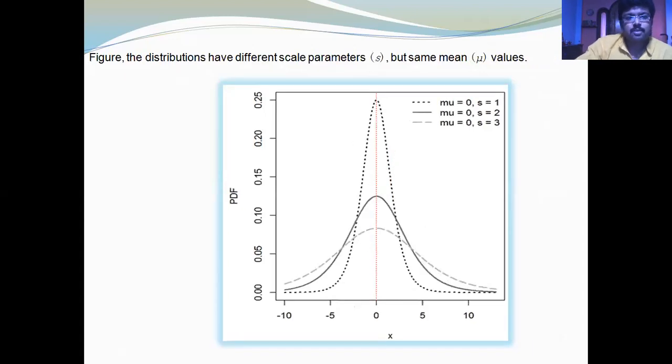Again, this figure shows distributions that have different scale parameters but the same mean, the location parameter. The location parameter is 0, and when the scale parameter is 1, then this dotted line is the logistic distribution curve.